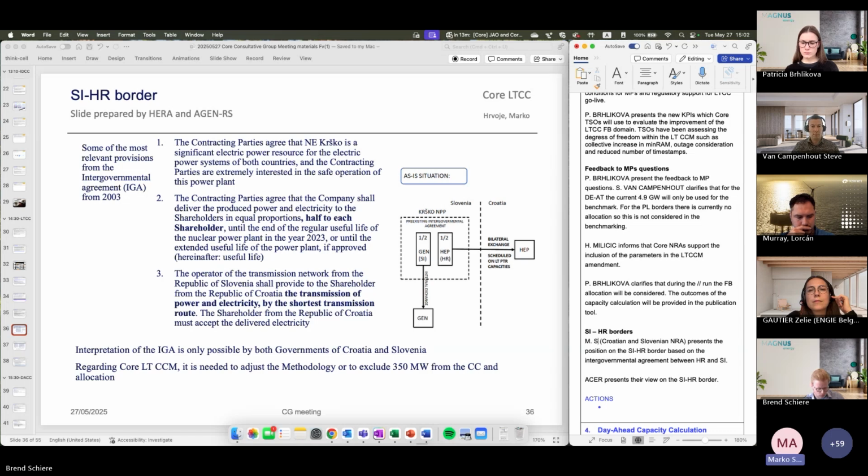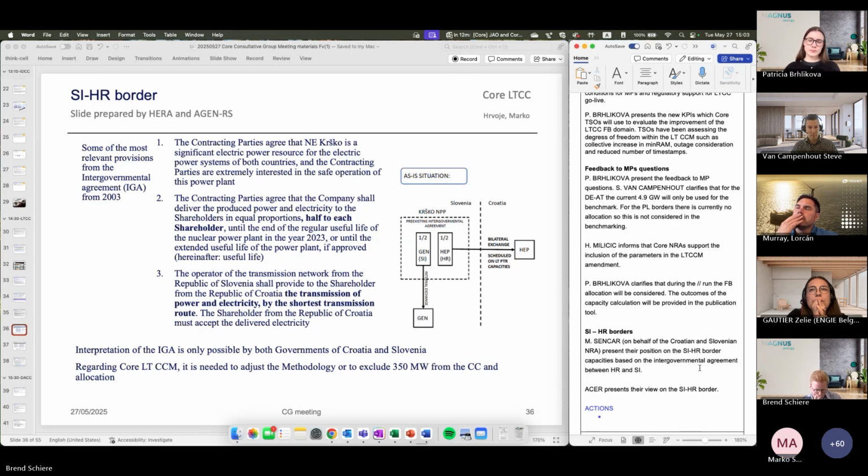By this intergovernmental agreement, the contracting parties defined that each one has the right to half of the capacity of the nuclear power plant Krško, both in terms of capacity and the energy.